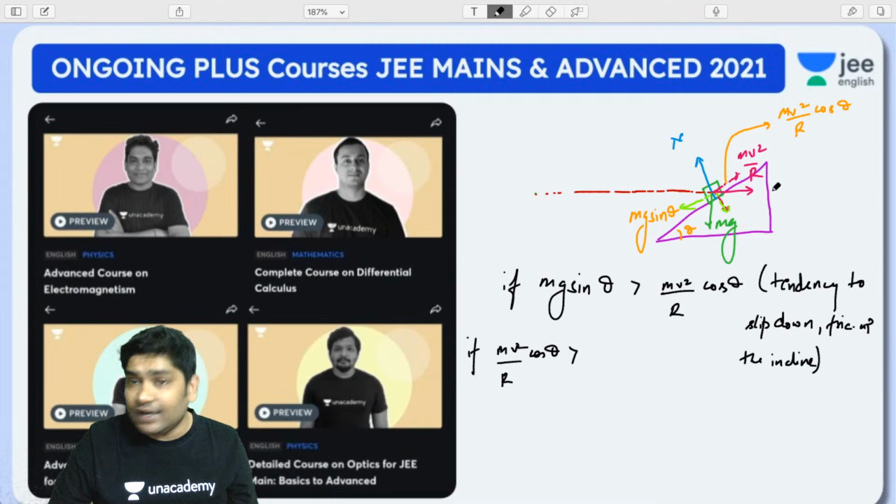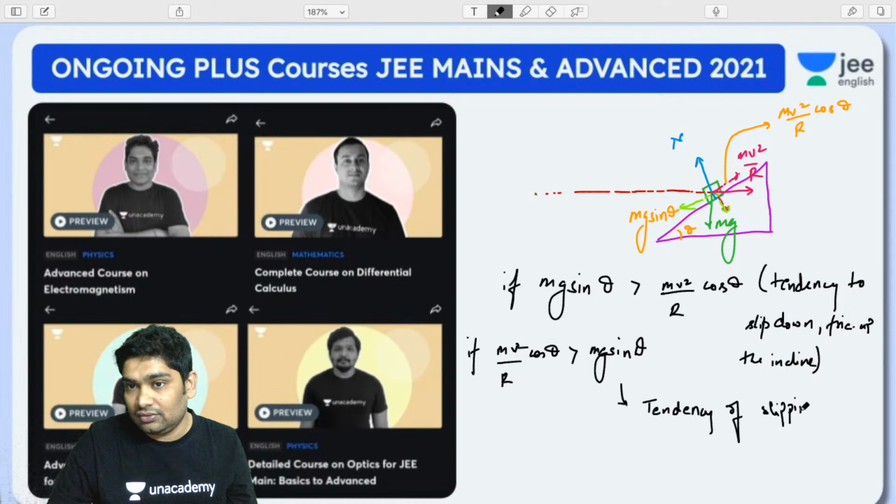So now the tendency of slipping would be upward and friction will act downward. Got it? Did you understand what is happening? In this case, you will see tendency of slipping is up the incline and therefore friction will act down the incline.